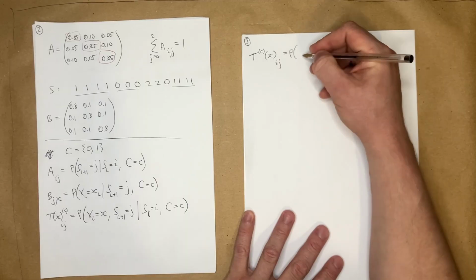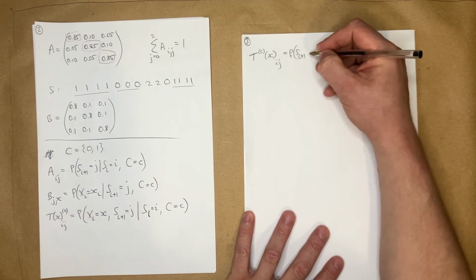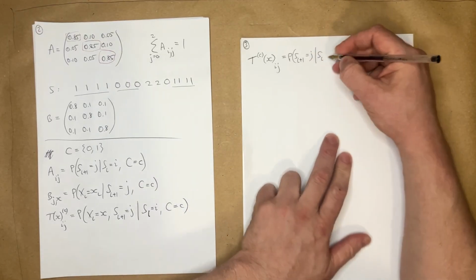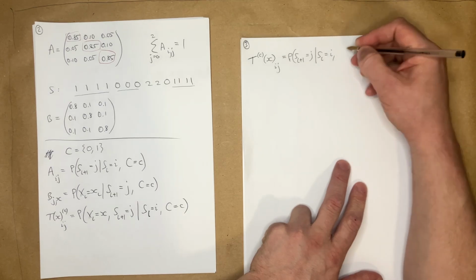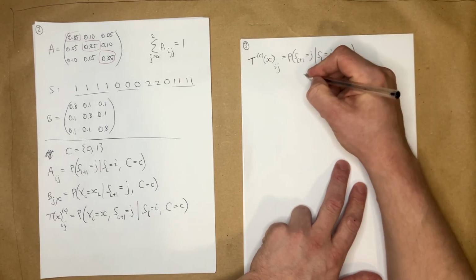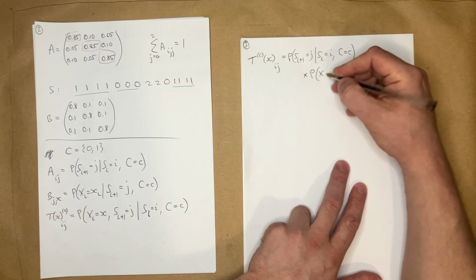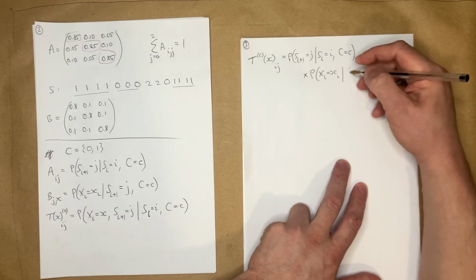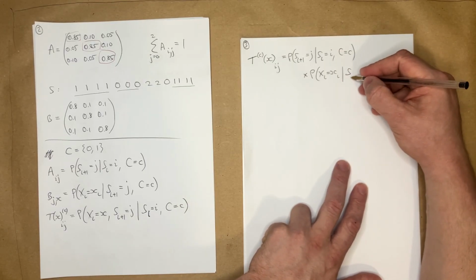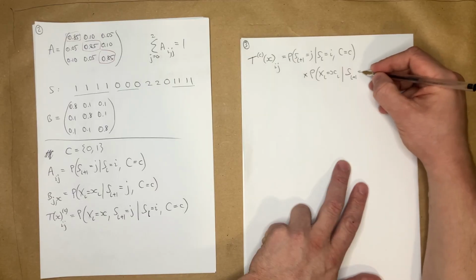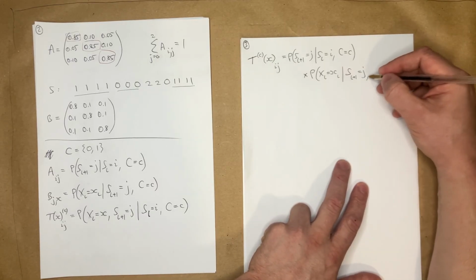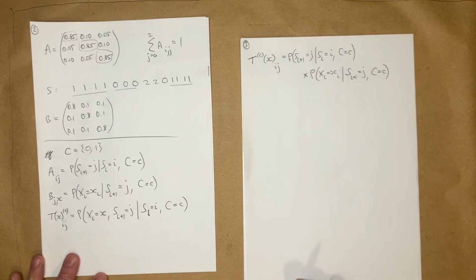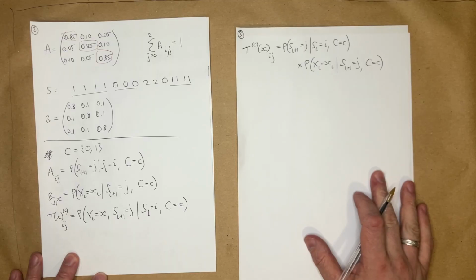I can write it as the probability of getting this hidden state j conditioned on the hidden state at the current step, along with C, multiplied by the probability of getting the token X at the current step, conditioned on the hidden state at the next step, also for component C. And if you look carefully, let's see if I've got it right.